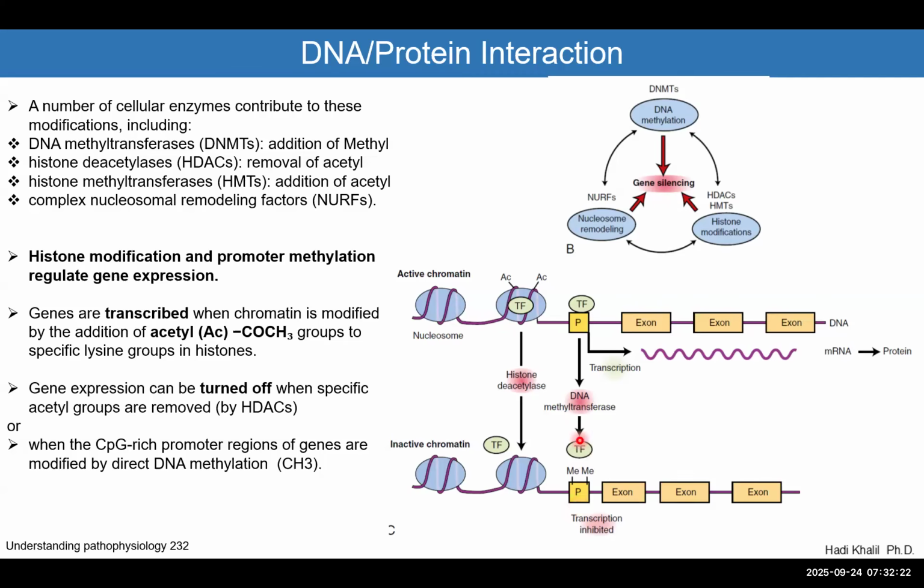And in both situations, if the transcription factor didn't bind, then the transcription process is not going to be turned on, and therefore there will be no messenger RNA and no protein. In other words, the transcription is inhibited. And that's what we call inactive chromatin.